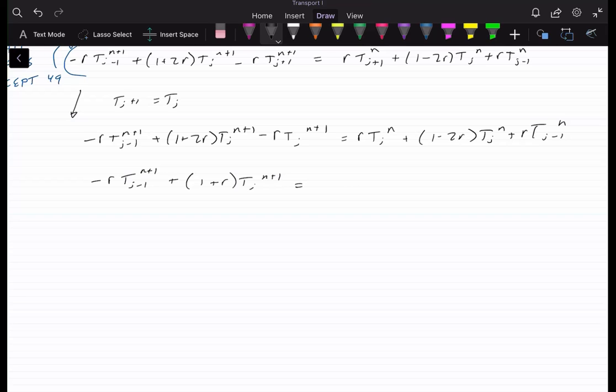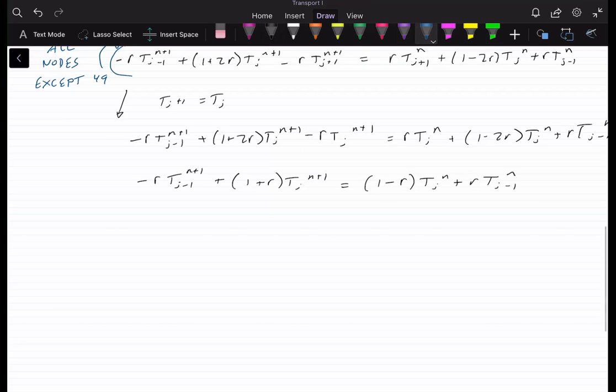That's our left side of the equation. Now our right side is going to be the same thing, but this is going to be minus: Tjn plus R Tj minus 1 n. So that is node 49.